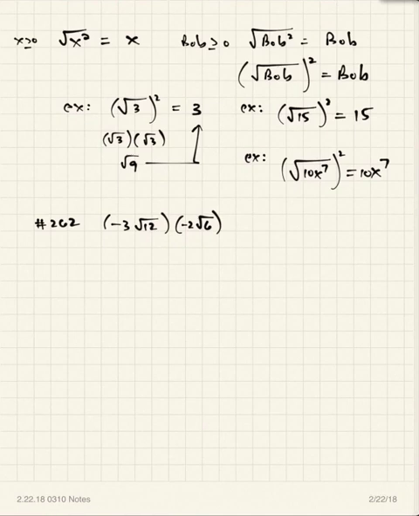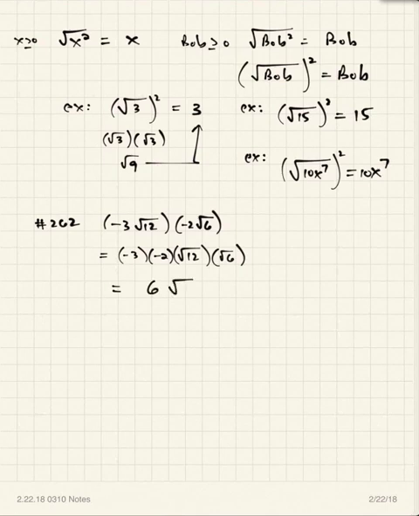This is a place where, since it's all multiplication, you just rearrange the factors so that the factors that you can multiply together are sitting next to each other, like that. So rewrite that as the negative 3 times negative 2 times the square root of 12 times the square root of 6. And then negative 3 times negative 2 is positive 6.